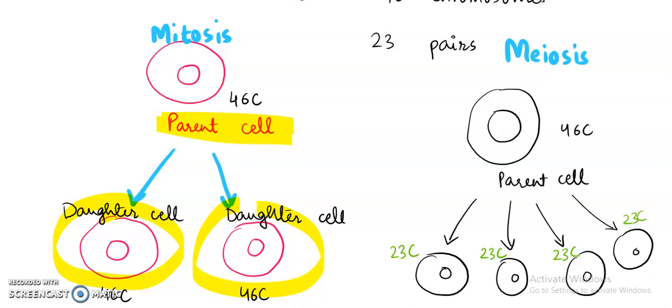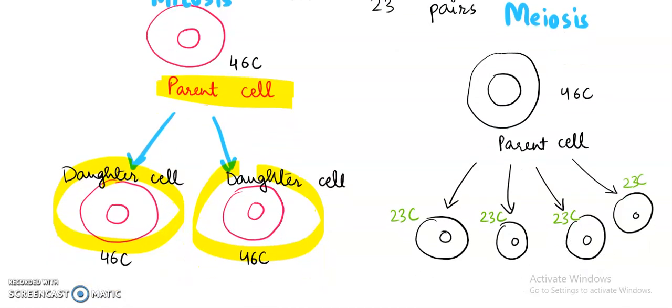This is very important: meiosis makes the chromosome number half, whereas mitosis does not make any change in the chromosome number. The daughter cells formed by meiosis are known as gametes, whereas in mitosis they were simply known as daughter cells.